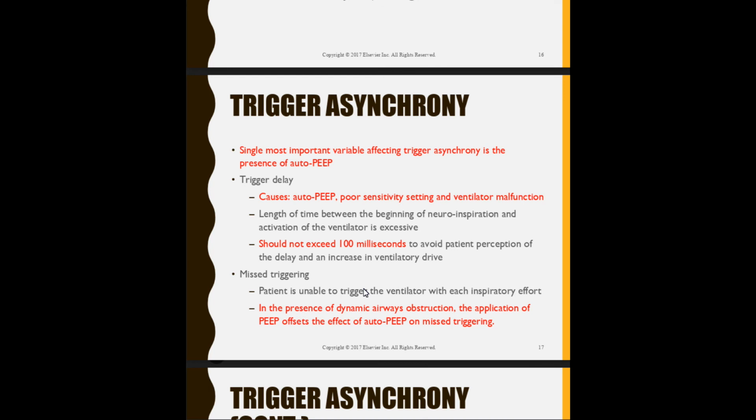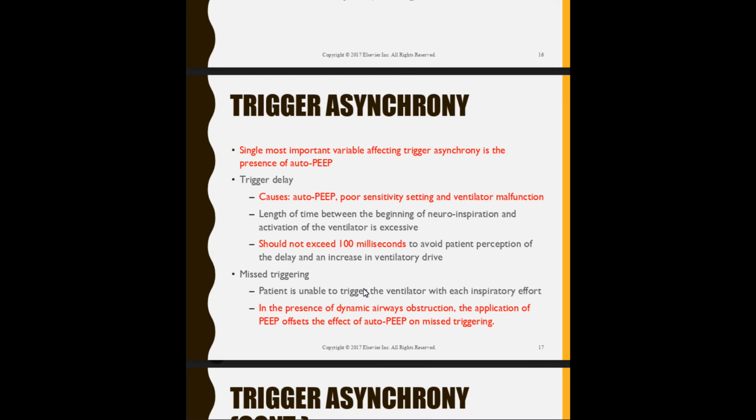So large volumes and very narrow passageways with turbulent flow will cause our Auto-PEEP. When I have a lot of Auto-PEEP, it's going to affect the patient triggering the machine to give a breath. So that's where our trigger asynchrony comes in.